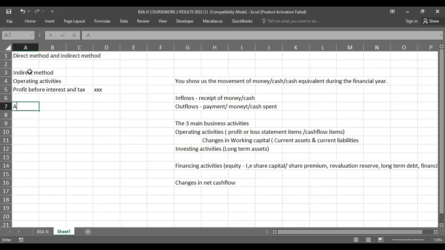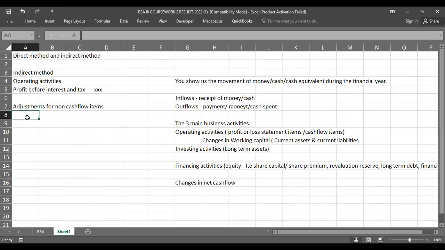Then you do what you call adjustments. These adjustments are mainly for non-cash flow items that were included in the income statement and therefore form part of the profit before interest and tax, and yet they're not supposed to be there.